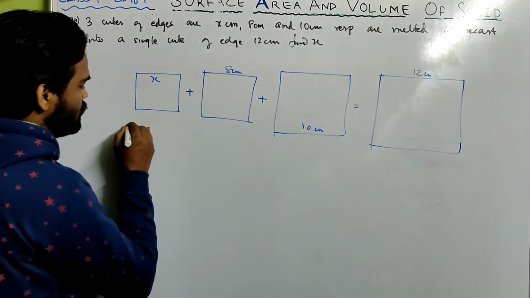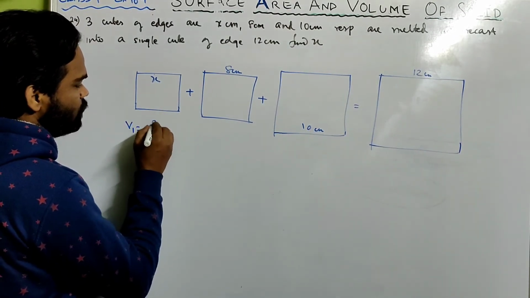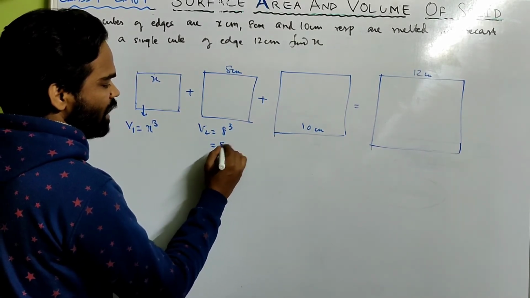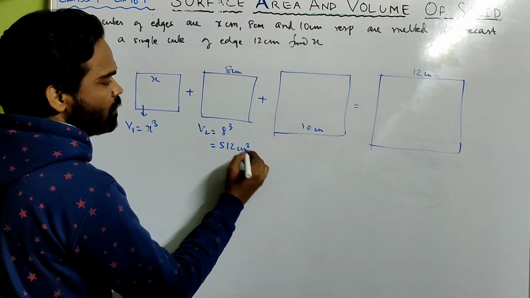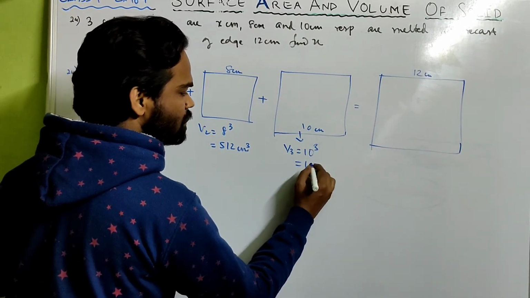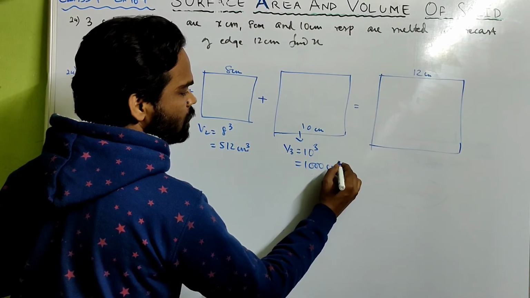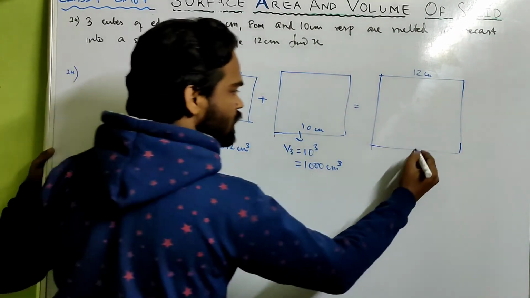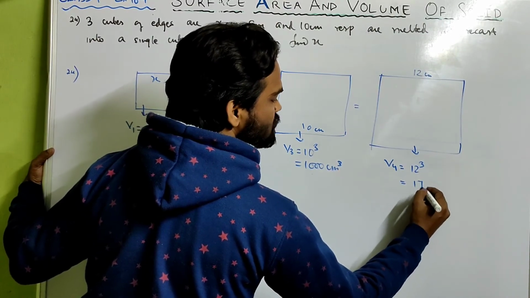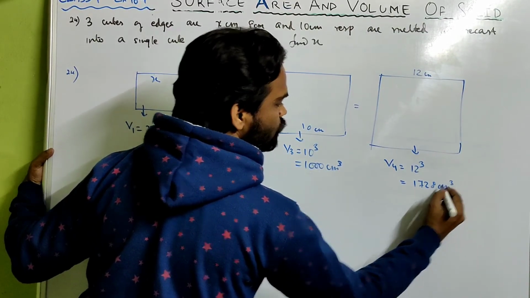Volume is constant. So V1 is x cube, the volume of this one. V2 is 8 cube, that's 512 centimeter cube. V3 is 10 cube, that's 1000 centimeter cube. And V4, suppose, is 12 cube, that's 1728 centimeter cube.